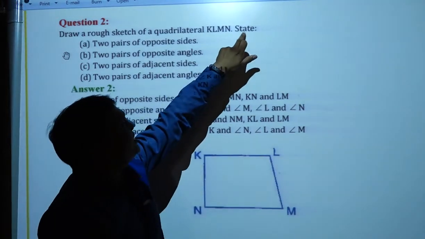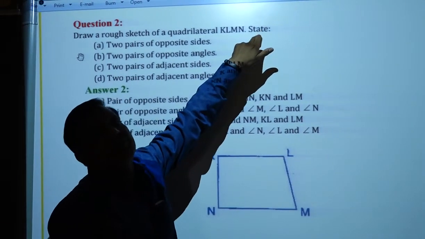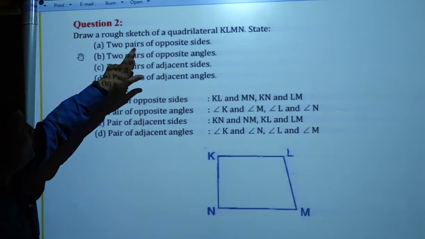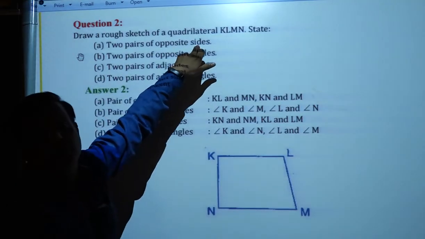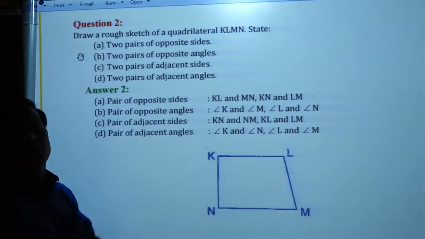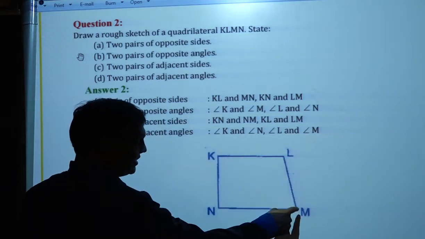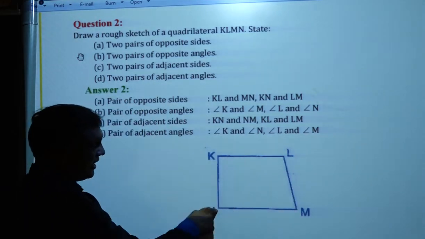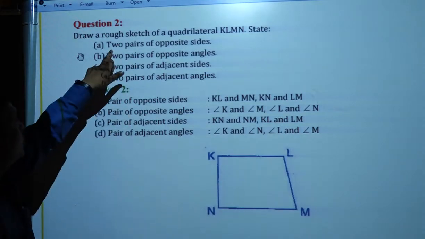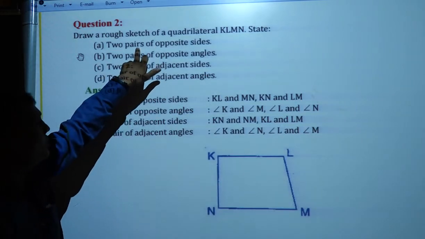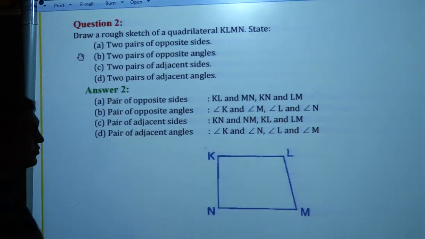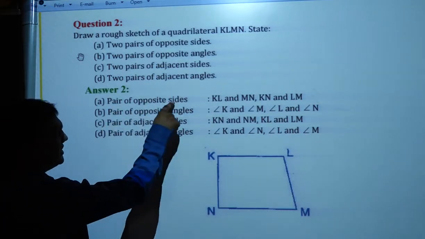Now you have to state. State means you have to show or you have to write. What do you have to show? Two pairs of opposite sides. So KL is a side, LM is a side, MN is a side, KN is a side. Which are the two pairs of opposite sides?